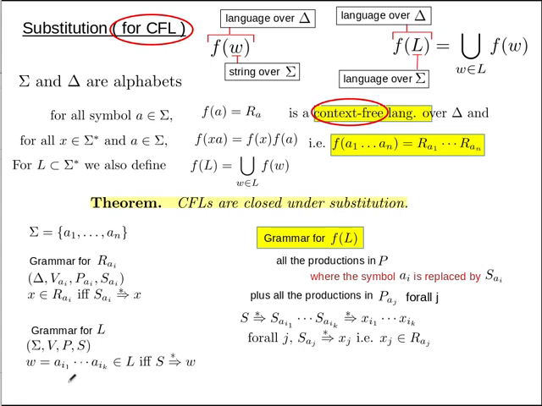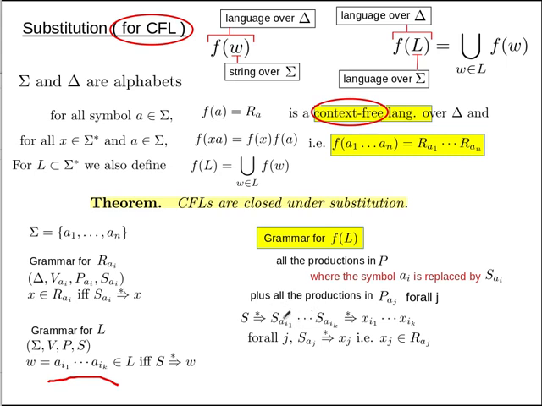So that means in this L, if you can derive the string Ai1 up to AiK with this production, since Ai is being replaced by S_Ai, then you will derive the corresponding sentential form here, where instead of Ai you have S_Ai.